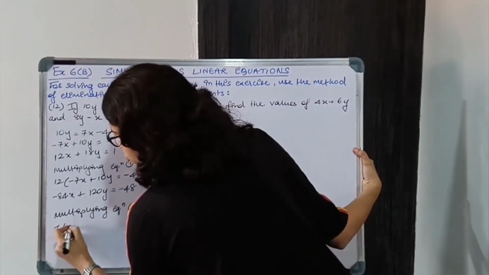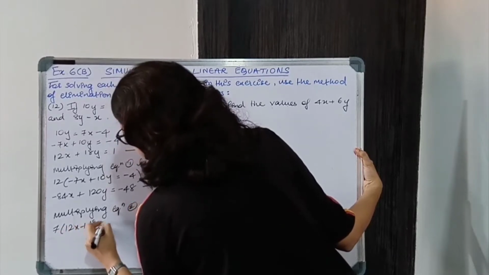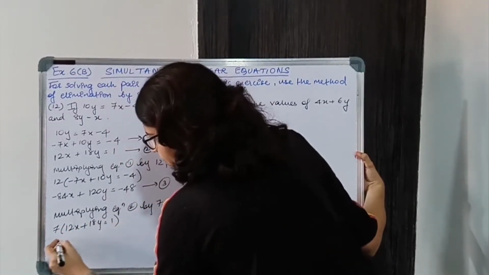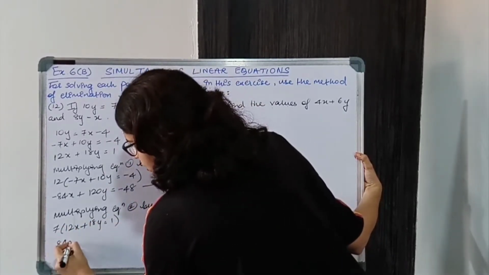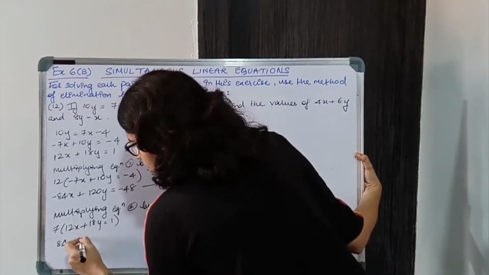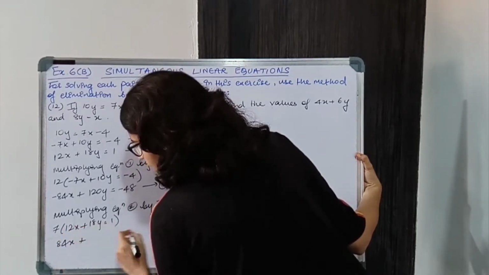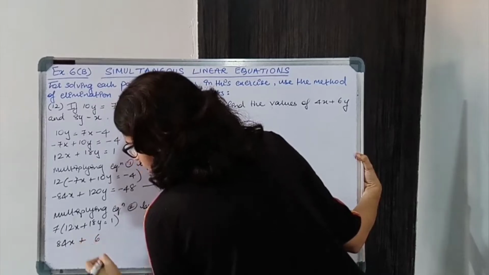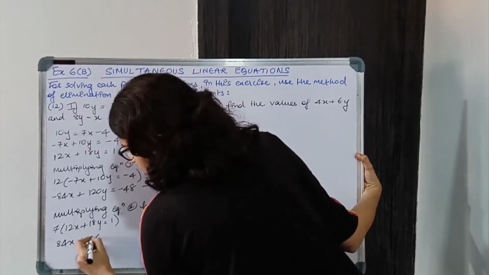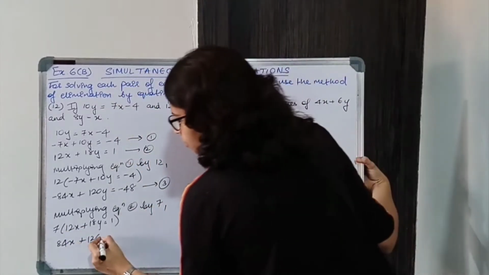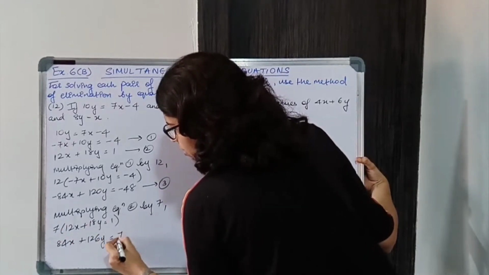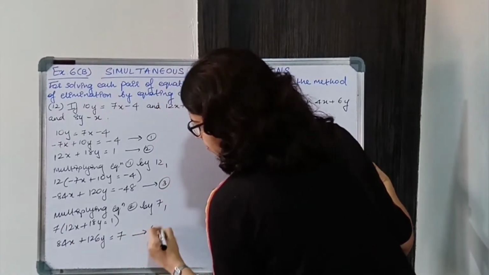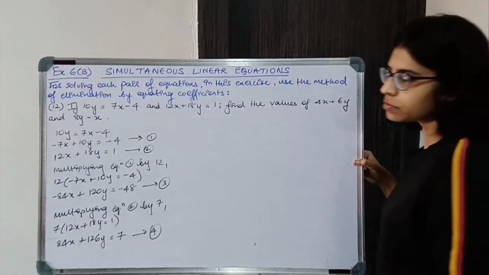So 7 into 12x plus 18y is equal to 1. So 7 12s are 84x plus 7 into 18, so 7 8s are 56 and 7 5s are 35, 35 plus 21 is 126y. And 7 1s are 7. This will be equation 4.